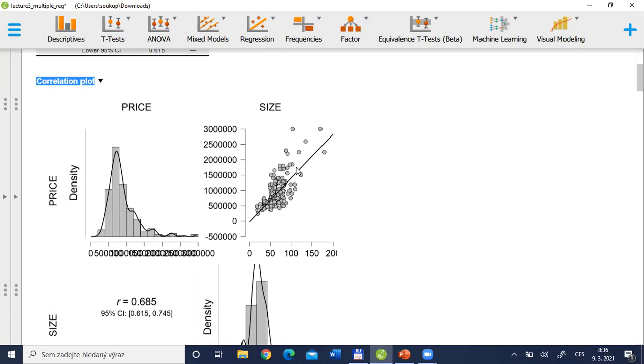For random errors, so it means values that are somehow differentiating real data from the model, there are some expectations.